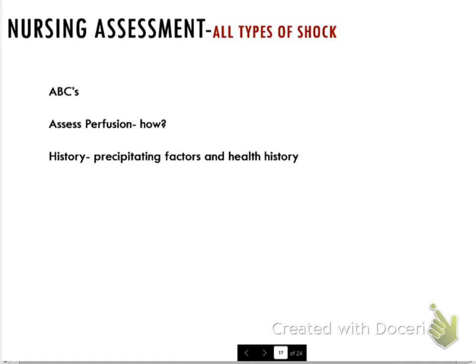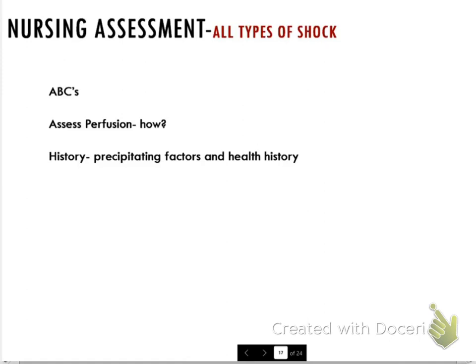So as far as your nursing assessment, same thing with everything, right? ABCs, vital signs, peripheral pulses, level of consciousness, cap refill, skin assessments. We want to get a good history of events that have happened recently, the onset and duration of whatever symptoms they come in with.